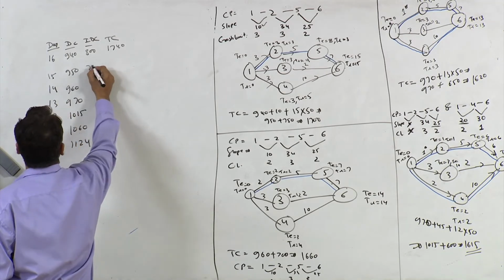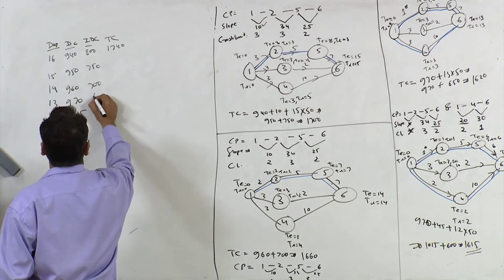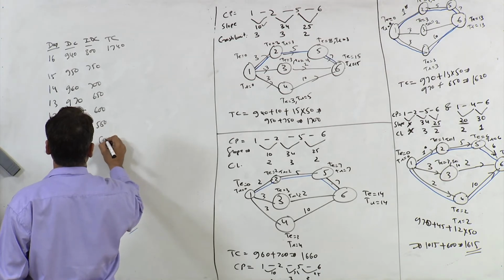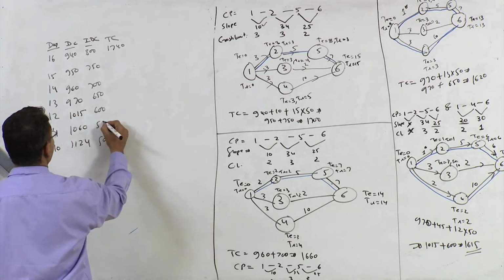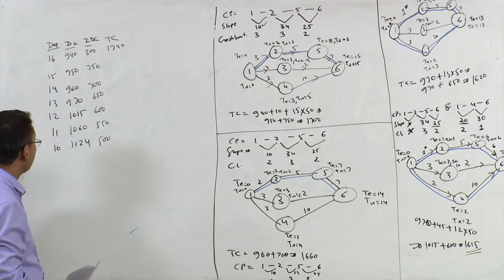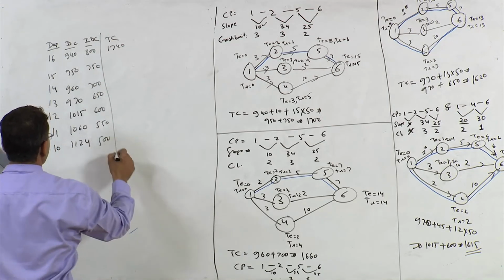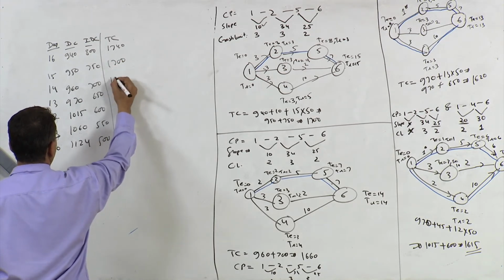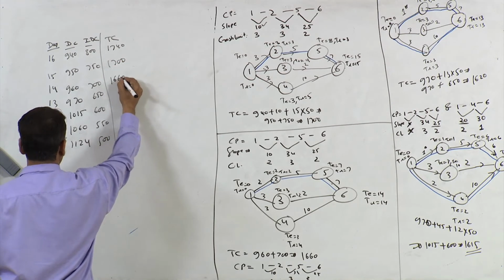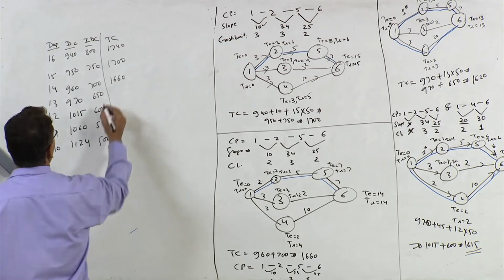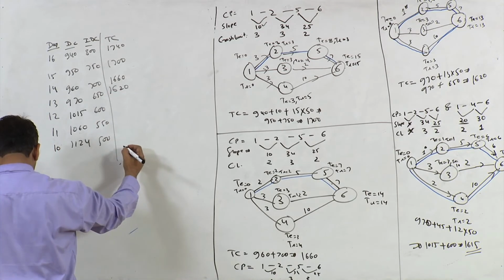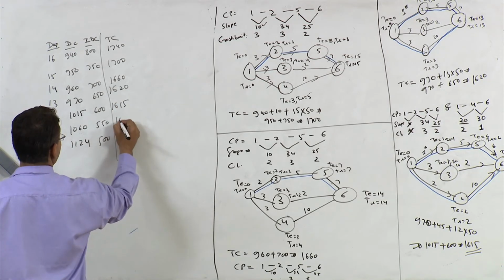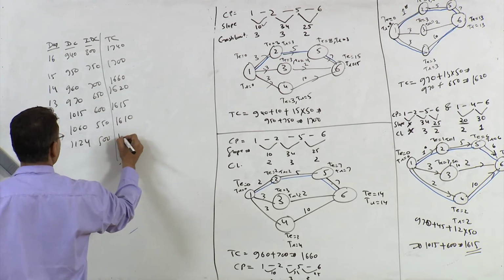Indirect cost of course 750, 700, 650, 600, 550 and 500, right. Total cost is this is 1700, this is 1660, right. Then 1620, then 1615, this is 1610, and this is 1624.